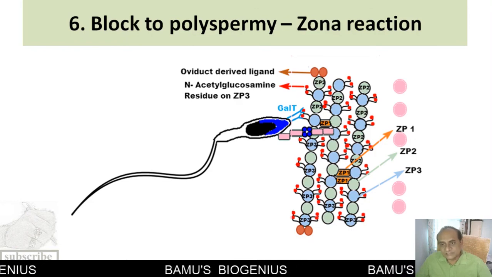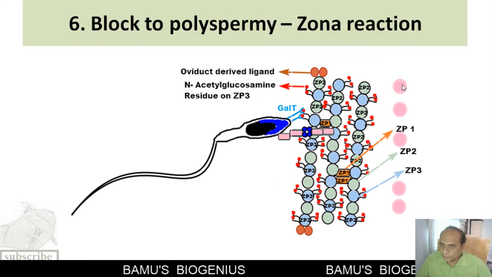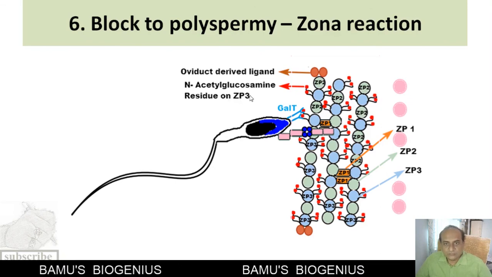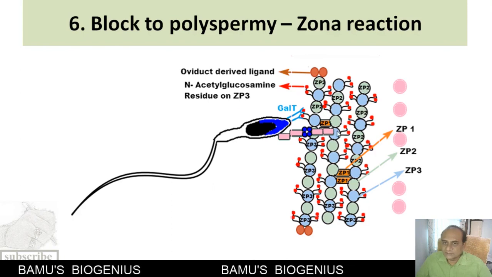Now, this is accomplished with the help of the proteins that are secreted by the cortical granules. These proteins are responsible for cleaving the N-acetylglucosamine residue on ZP3.